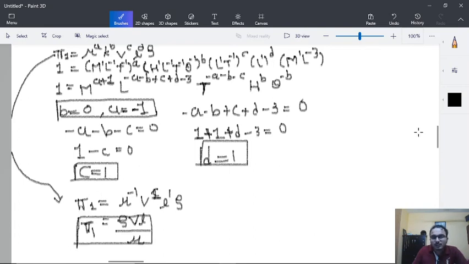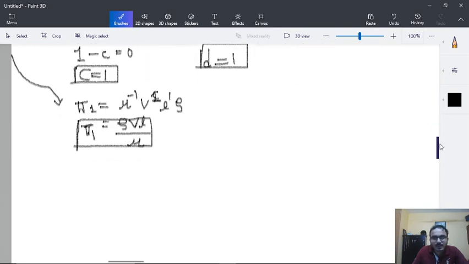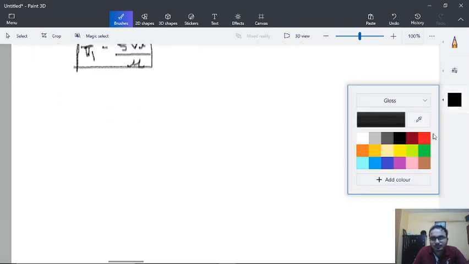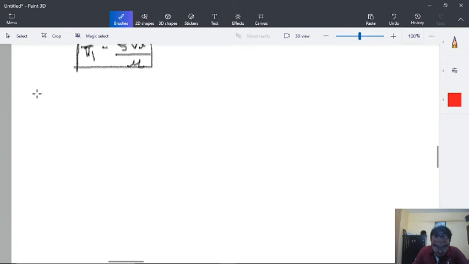Okay, now we will move forward with our second pi term. So it will be pi 2 equal to mu^a k^b v^c L^d and Cp.